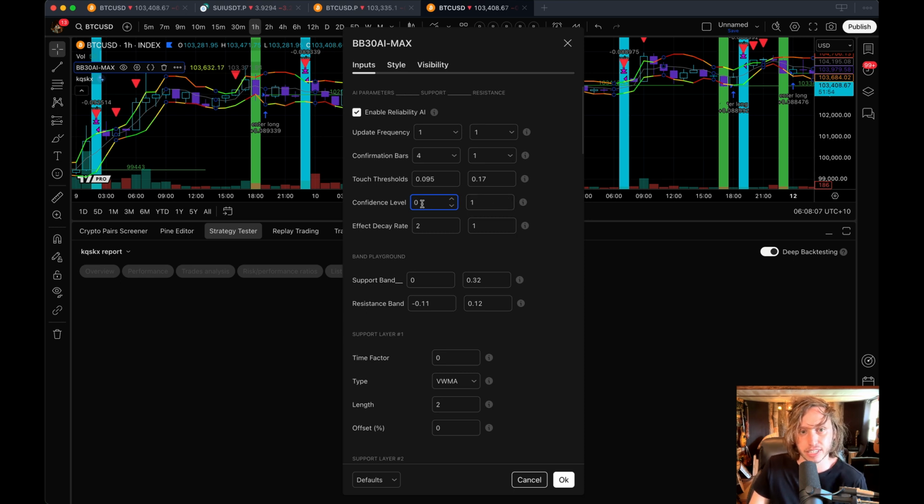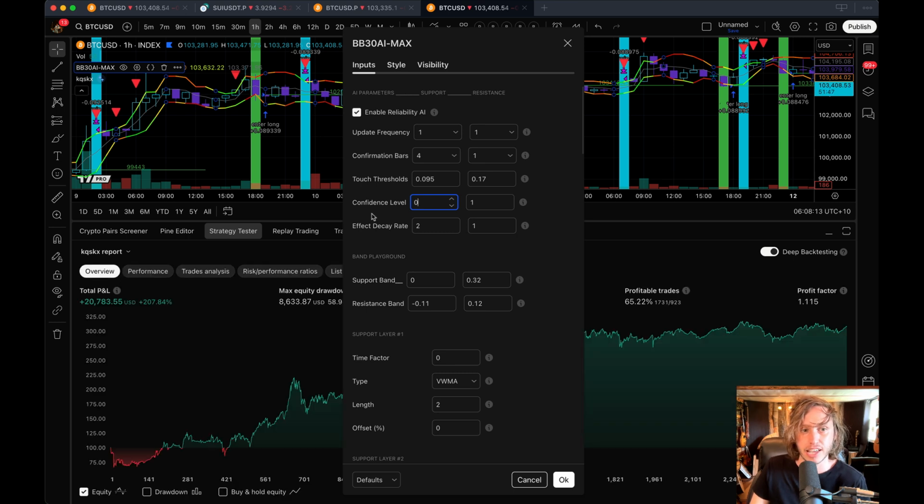The reason it's 66% is you want price action to break the bands at some point in time, because if it never breaks the bands, then you never have support flags and resistance flags, which means you never take trades. But you don't want the price action to break the bands too often, because then you get false signals, and you don't want it too rarely, because then you don't get enough signals.